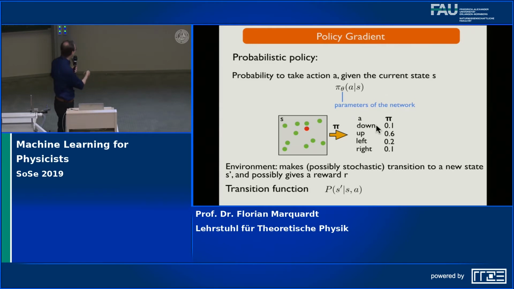And this would then be described by what we call a transition function. So this is a probability to end up in a state S prime, given that at the current time step we started out in a state S and we implemented the action A. Again, it could be deterministic. If it's deterministic, it just means that for a given state S and a given action A, there's precisely one state S prime that you will end up in. So this one will get probability 1, and all the others have probability 0. So that would be the limiting case for deterministic environment.